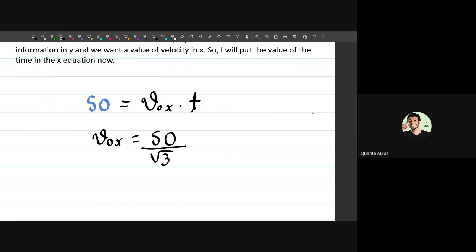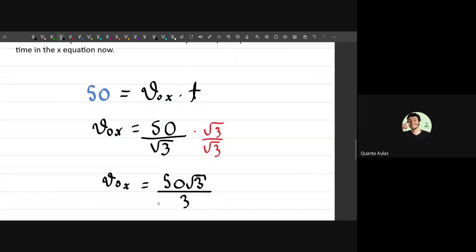If you need to simplify your answer, you can multiply and divide this fraction by the square root. So your answer will be not more beautiful, but a little bit prettier. Okay, this is the velocity.